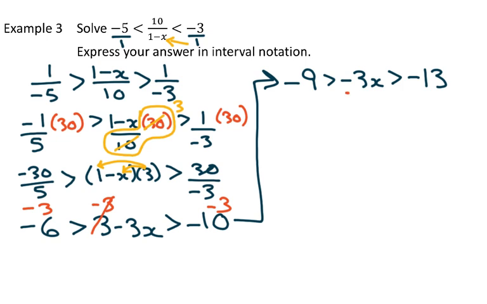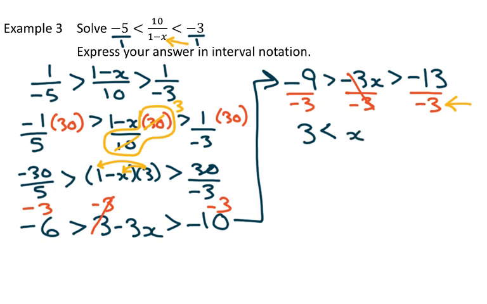Last step to isolate the x, we need to divide all 3 of those sides by negative 3. On the left, that works out to 3. Again, we divided by a negative, so we'll flip the inequalities. Again, yes, we can do it twice in the same question.